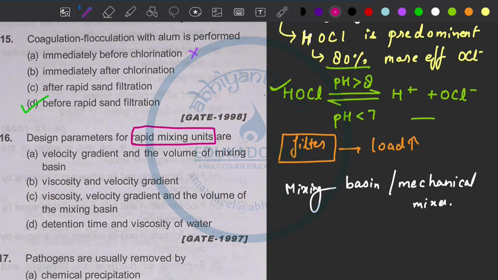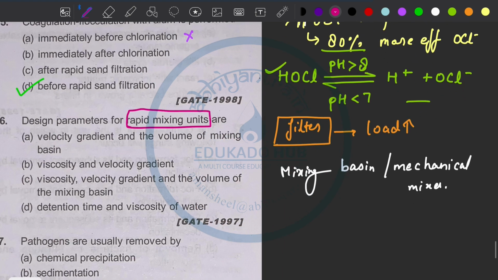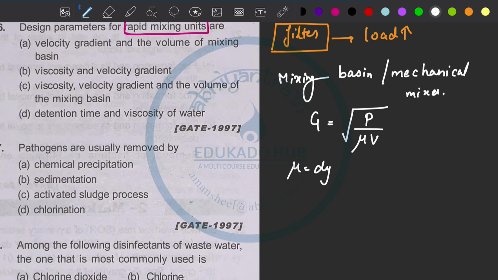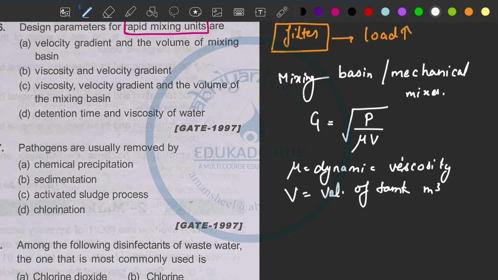Intensity of mixing depends on the temporal mean velocity gradient. This mean velocity gradient, denoted as G, is equal to the square root of P upon mu V, where mu is the dynamic viscosity, V is the volume of the tank in meter cube, and P is the power in watts.